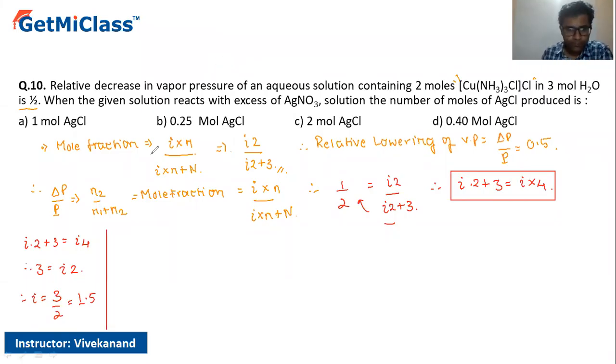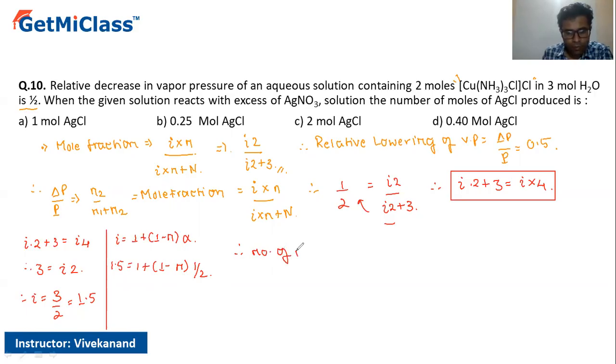What we know is that i is equal to 1 plus (n minus 1) into alpha. Now the i value we have is 1.5, equal to 1 plus (n minus 1) alpha. Alpha is the degree of dissociation, which is given as half.